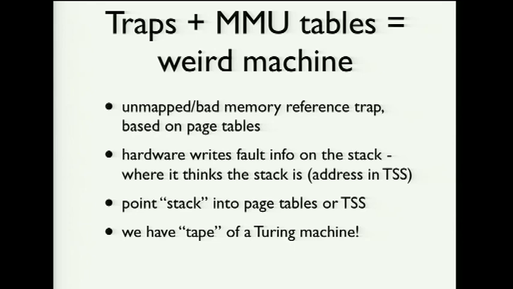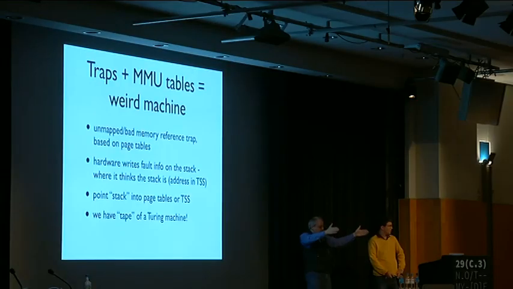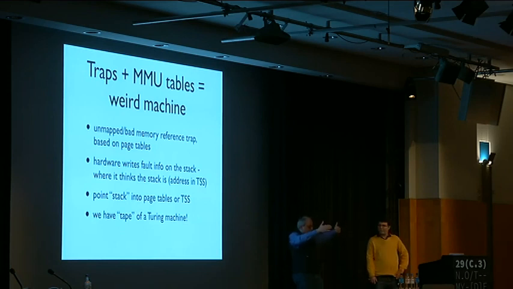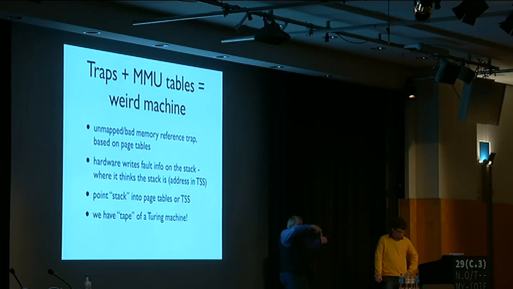So one range in memory, the page tables, determines when the page faulting machinery kicks in, and when it kicks in, it writes some data somewhere else, right, on the stack where it's picked up by the actual page fault handler.